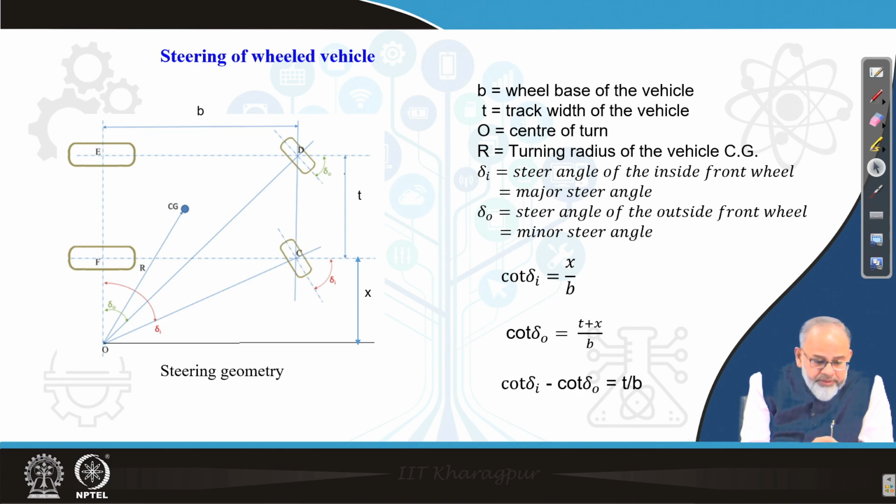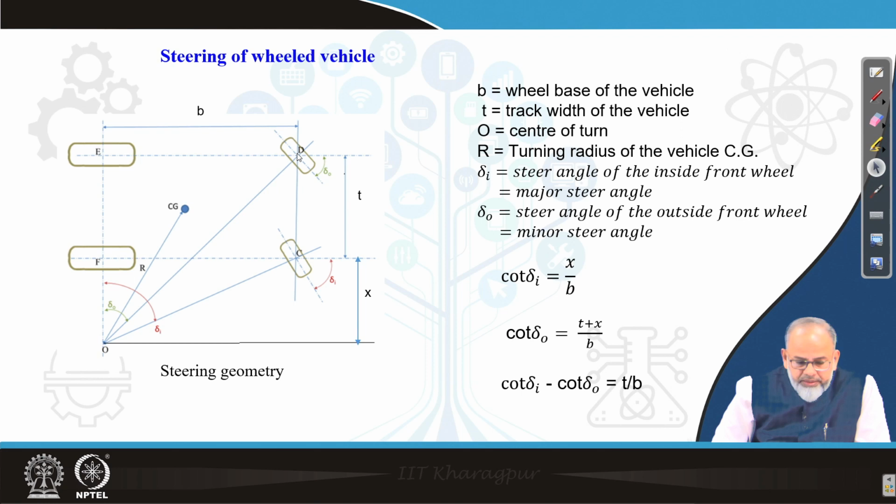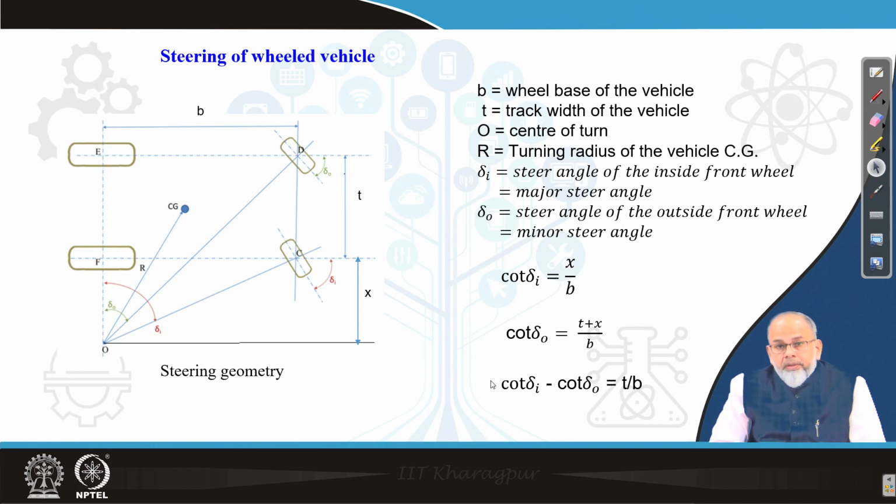Similarly, in the right angle triangle OED, cot delta 0 will be equal to (t plus x) by b. If I take the difference between cot delta 0 and cot delta I, it becomes t upon b. This is the perfect steering condition where all 4 wheels are rolling, and this is what is required, but in practice we never achieve this.